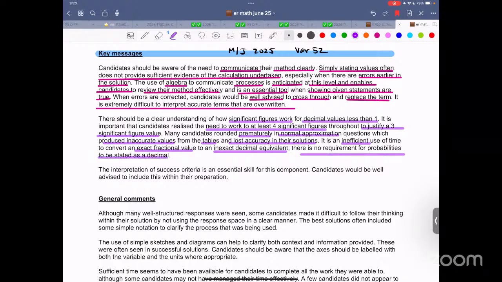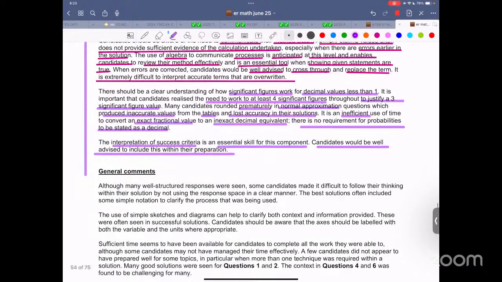That means that if it's coming out to be a fraction, write it as a fraction. The interpretation of a success criteria is an essential skill for this component. Candidates would be well advised to include this within their preparation. That means whatever you're seeing on the screen right now, that is all good, all important.